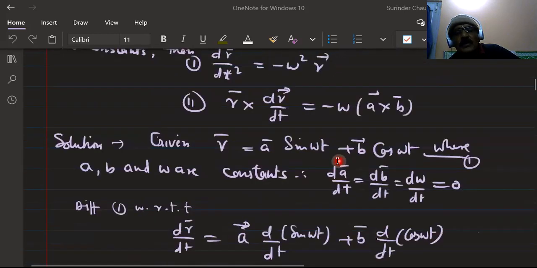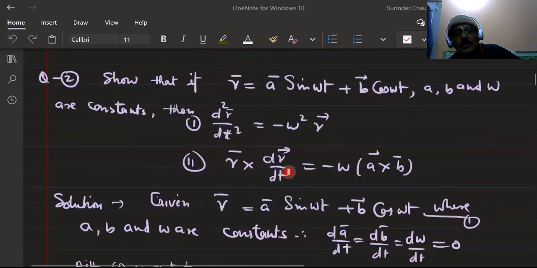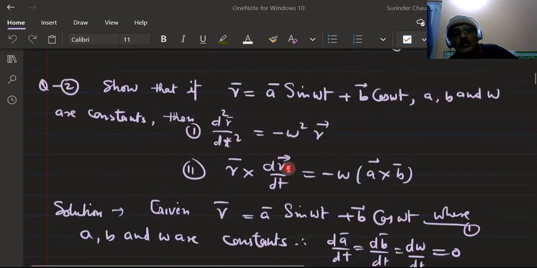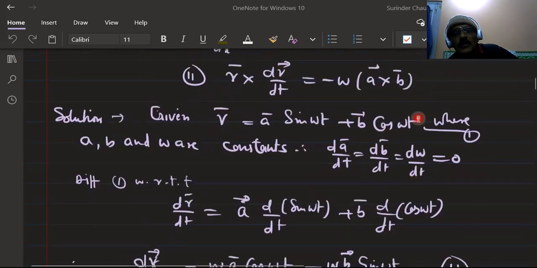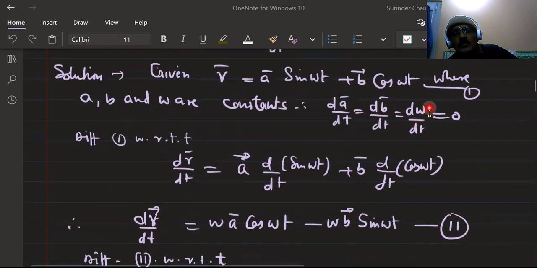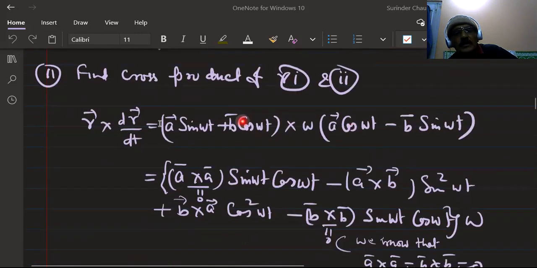Now the second is r vector cross the derivative of r vector. Find the cross product of the first and second. Since a vector and b vector are constant vectors, we find the cross product, which means the vectors will play the role, and sin omega t and cos omega t act as scalar constants with respect to vectors.